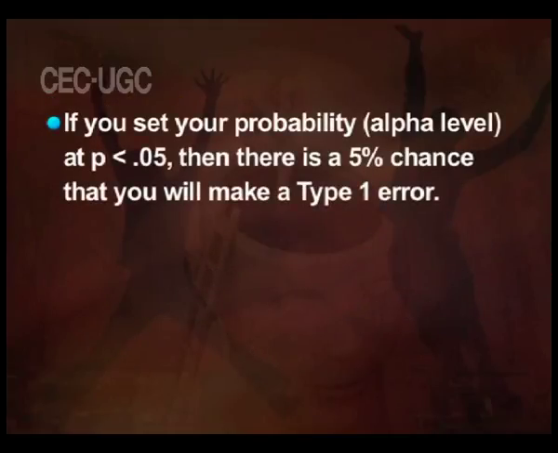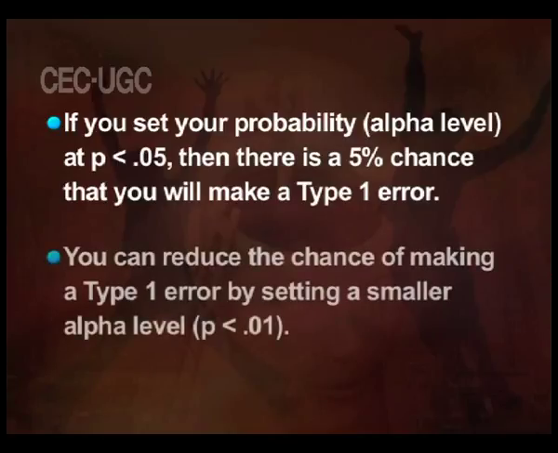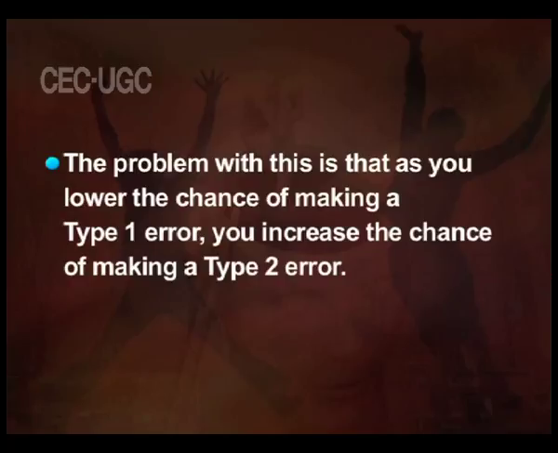If you set your probability or alpha level at p less than 0.05, then there is a 5% chance that you will make a type 1 error. You can reduce the chance of making a type 1 error by setting a smaller alpha level, such as p less than 0.01. However, the problem with this is that as you lower the chance of making a type 1 error, you increase the chance of making a type 2 error.